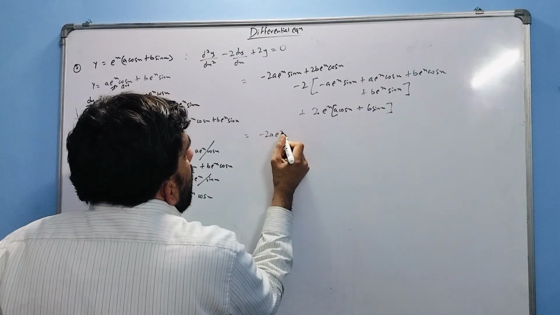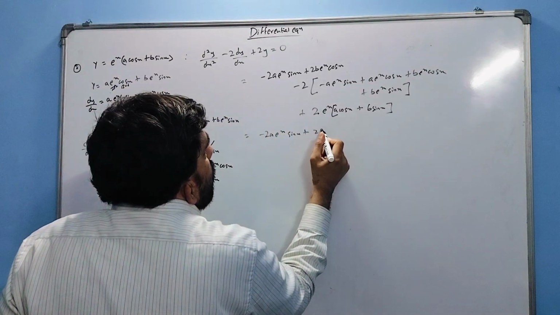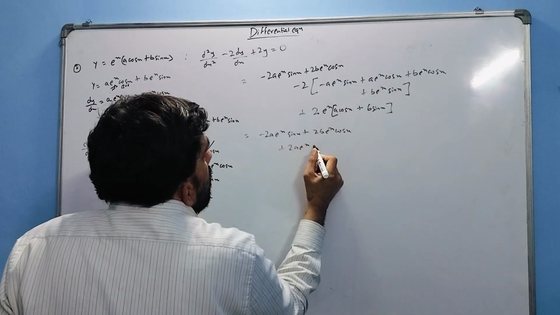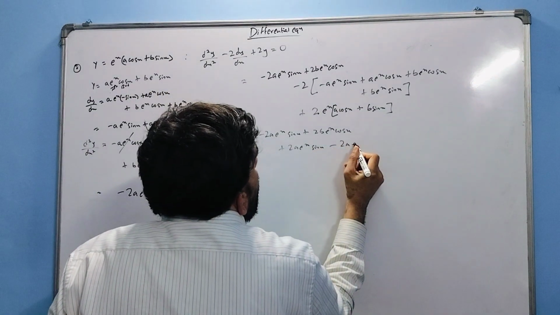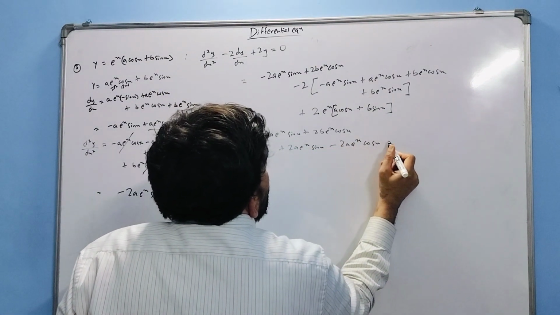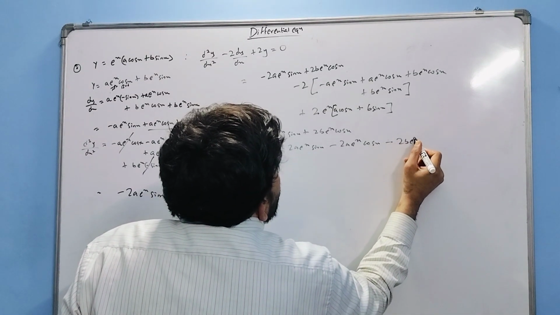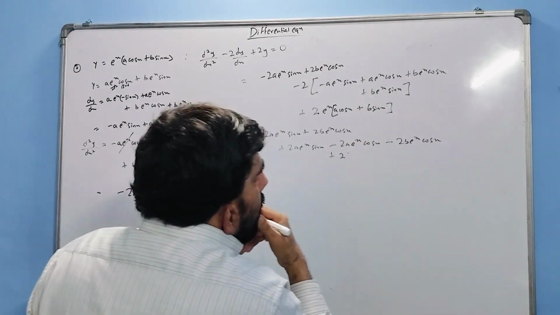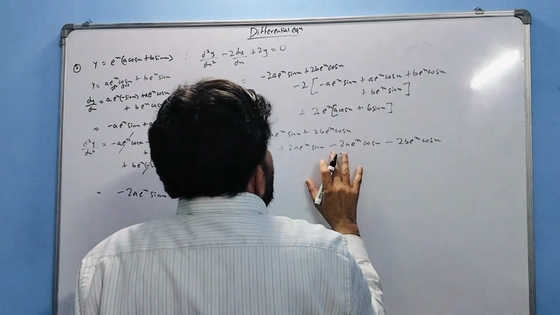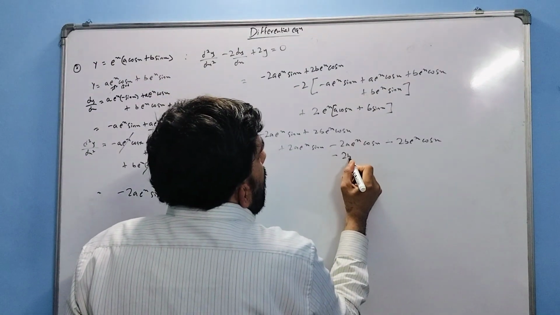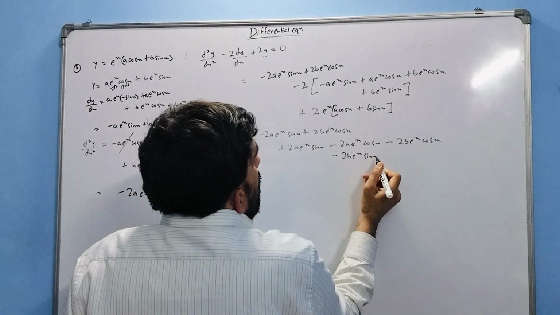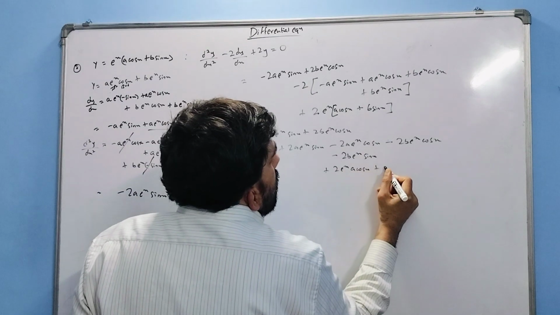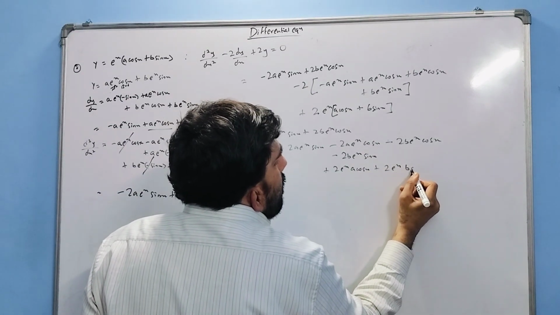Minus 2a e raised power x sin x plus 2b e raised power x cos x plus 2a e raised power x sin x minus 2a e raised power x cos x minus 2b e raised power x cos x minus 2b e raised power x sin x plus 2 e raised power x a cos x plus 2 e raised power x b sin x.